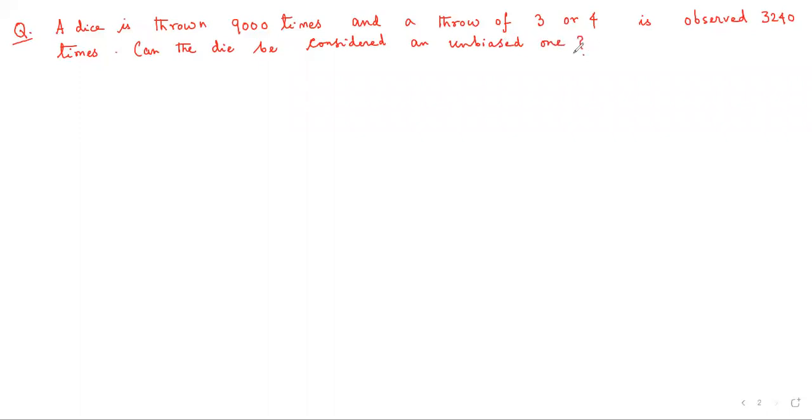A die is thrown 9,000 times and a throw of 3 or 4 is observed 3,240 times. Can we consider that the die is unbiased? The situation is just the reverse of what we usually do. Usually we are told the die is unbiased, and asked what is the probability that we'll get 3 or 4 if we repeat the experiment 9,000 times.